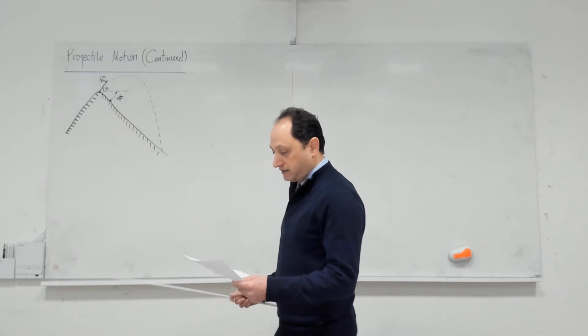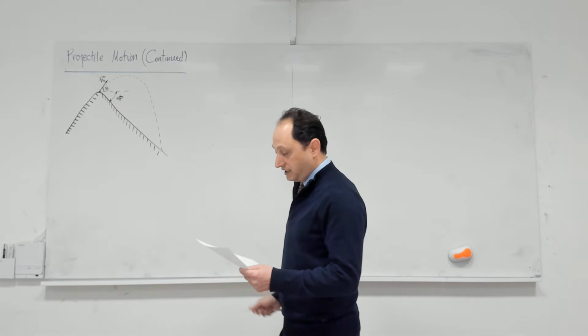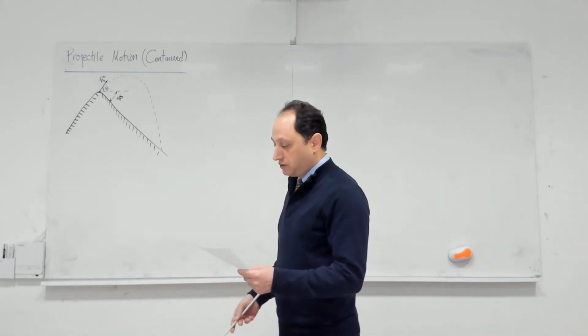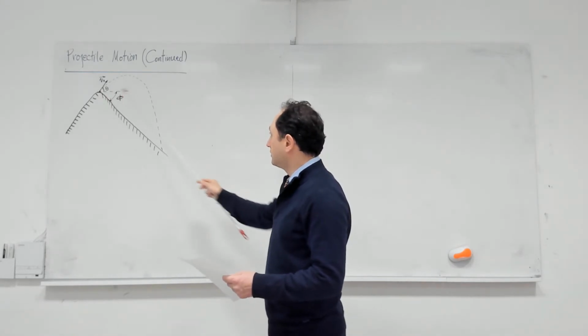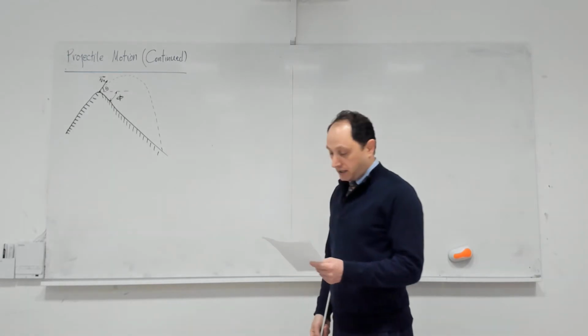An athlete stands at the peak of a hill. So assume that this is the peak of the hill, and that it slopes downward uniformly at angle phi. Yes, so that is horizontal, and this is below the horizontal by angle phi, and it is uniform.